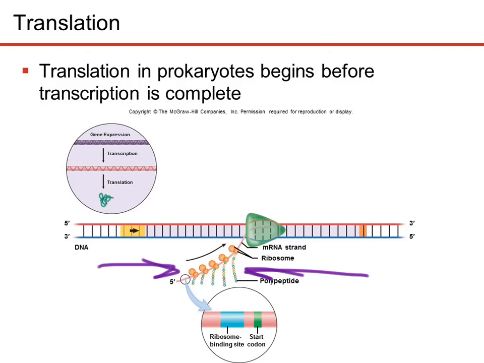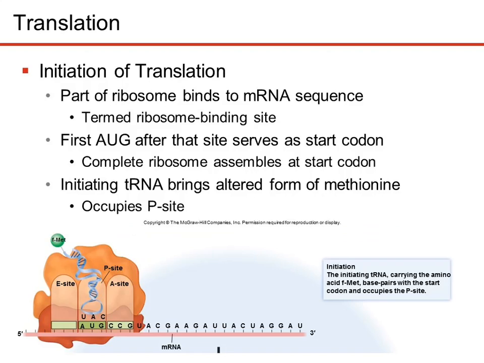As the RNA polymerase continues on down this way, obviously more of the messenger RNA will be produced, and the ribosomes will continue to slide along that messenger RNA until they come to a stop codon, and then that process will complete unless there's another scenario that's set up there. So this is what translation looks like.